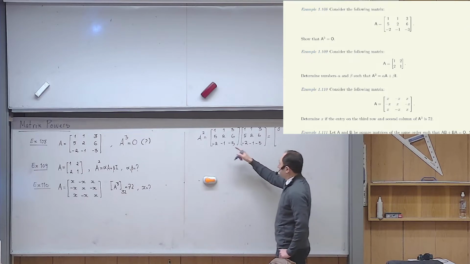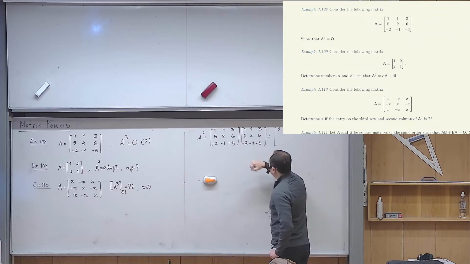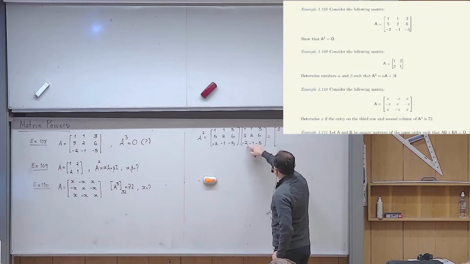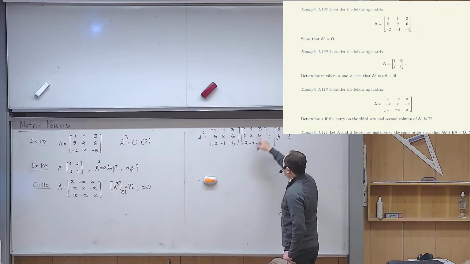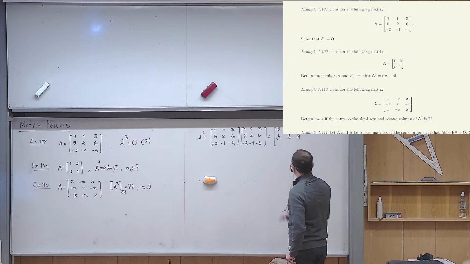If I am doing something wrong, please let me know. So it is 5, 10, 15, it's 3? And then 5, 4 is 9, minus 6 is also 3. And then I have 15, 12 is 27, minus 18 is 9.